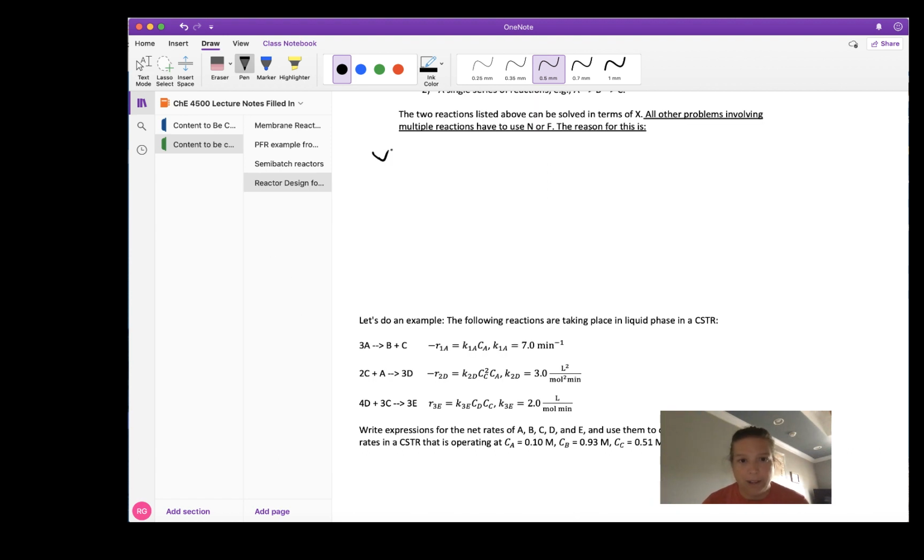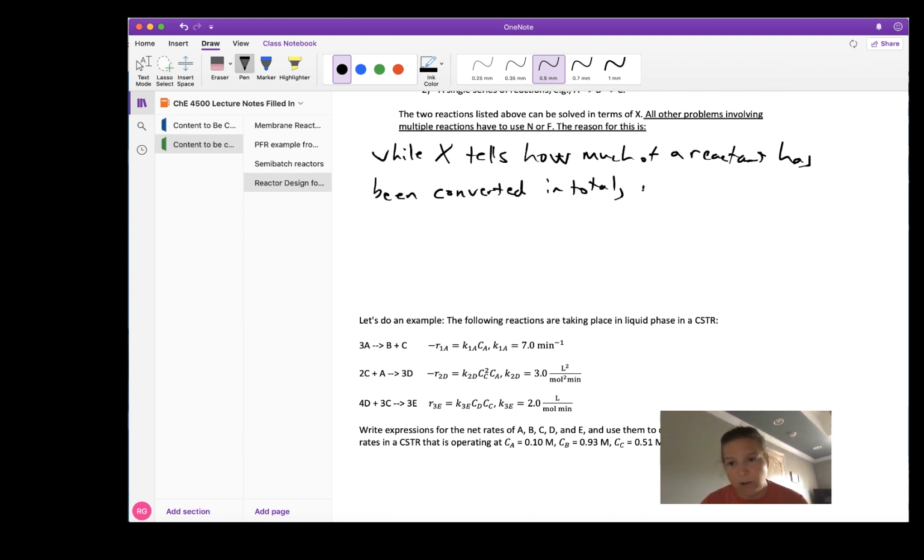We'll say, while conversion tells how much of a reactant has been converted in total, it doesn't tell how much was converted via the different reactions.